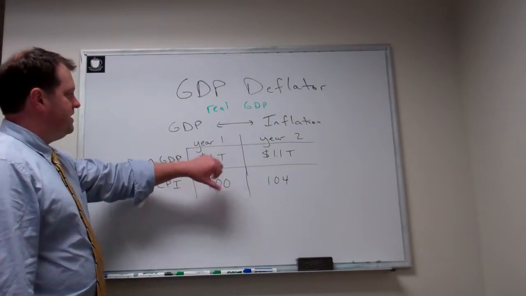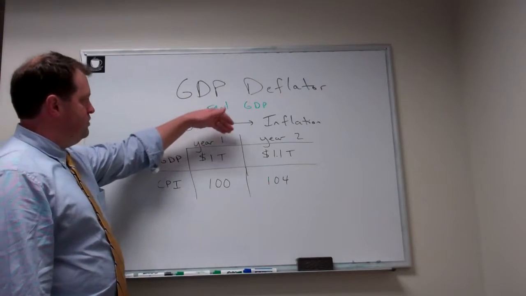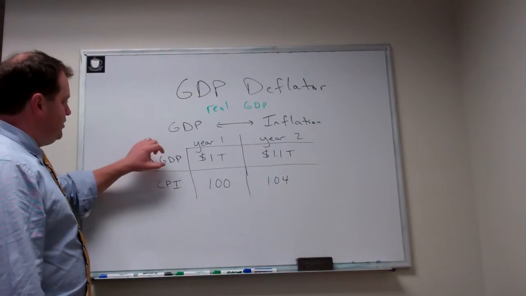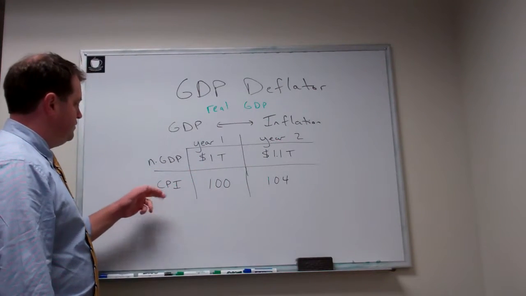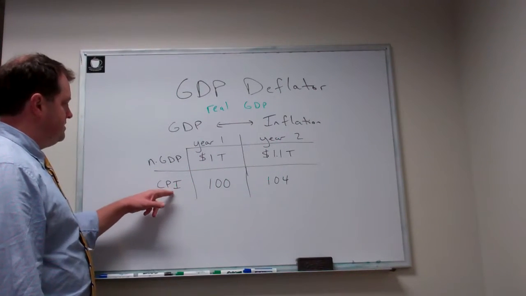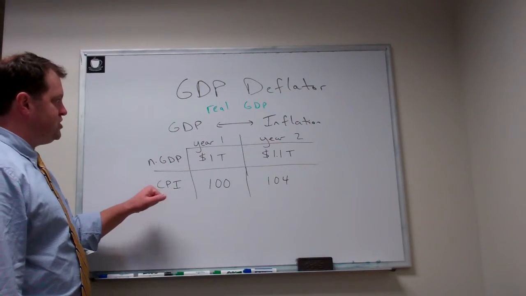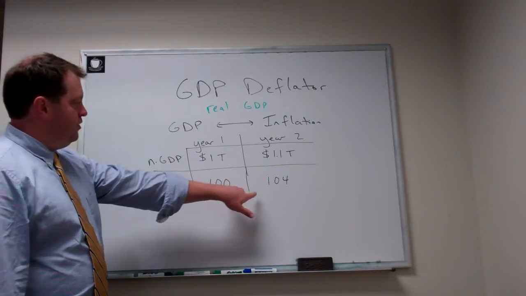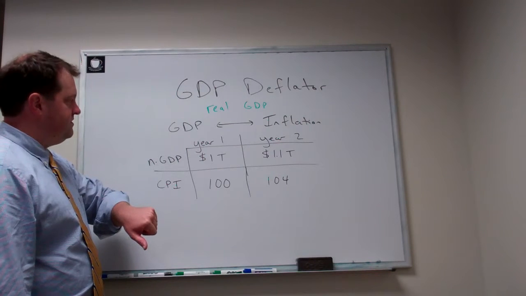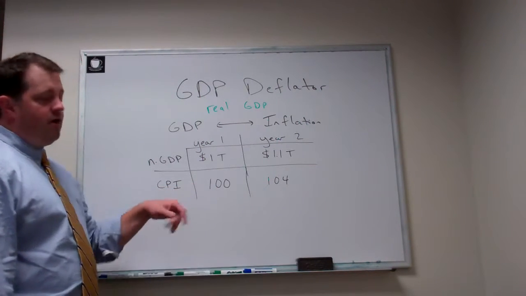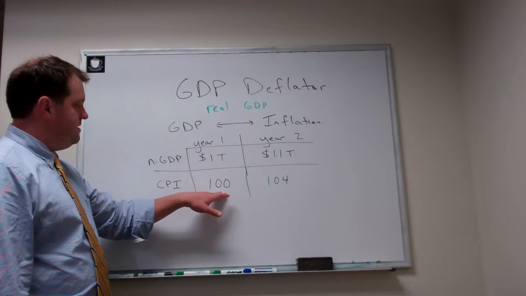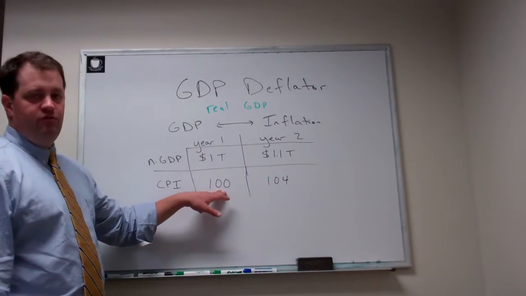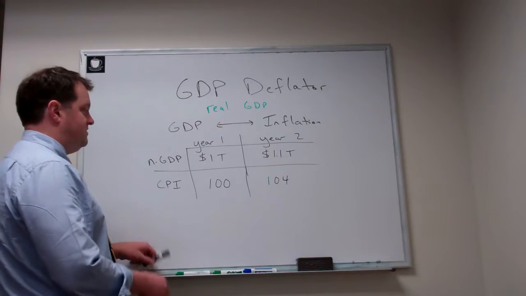So what I've done is I've set up some hypothetical data here for 2 years. I've got nominal GDP in both of those years, and then I've got a CPI measurement, the Consumer Price Index, which is the U.S. government's inflation measure. I've got those numbers for the same years. Now the CPI always works where if you see that a year has a measurement of 100, you can assume that that's the base year.